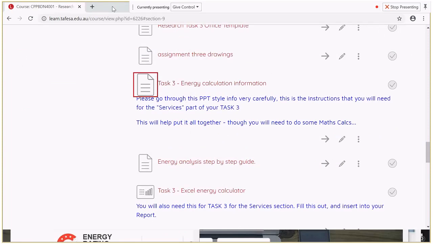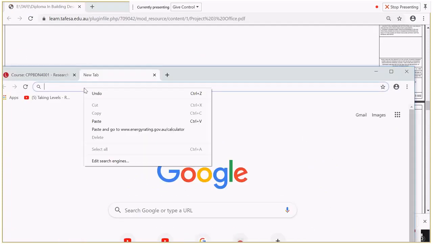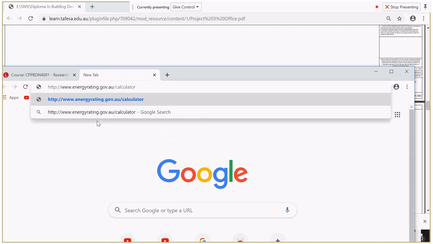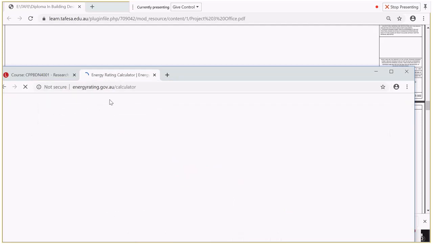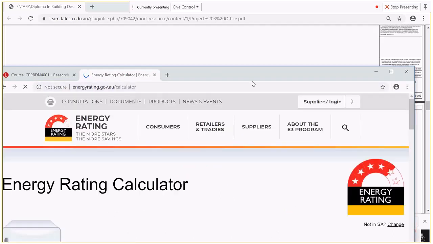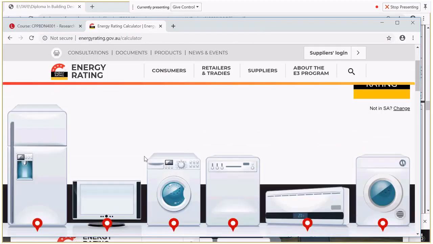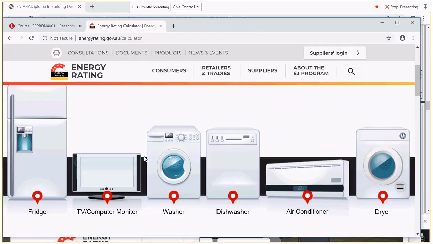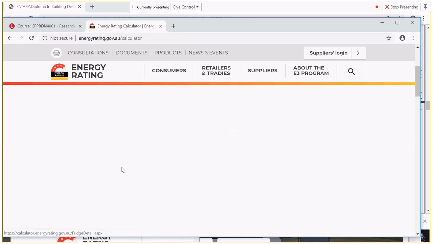We'll get there eventually and pop it in here. So you're given this link to the energy rating calculator. Sometimes we'll show PowerPoint, sometimes copy paste. So we're looking at a 500 litre fridge.